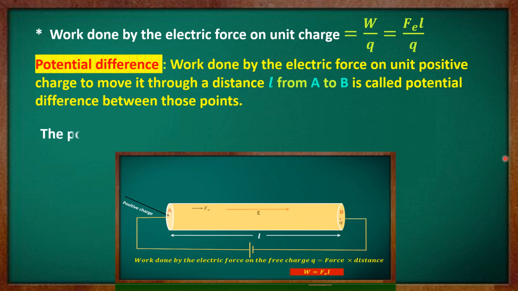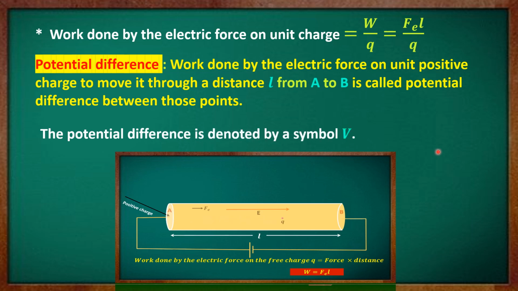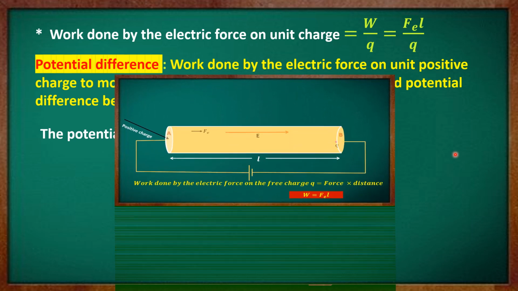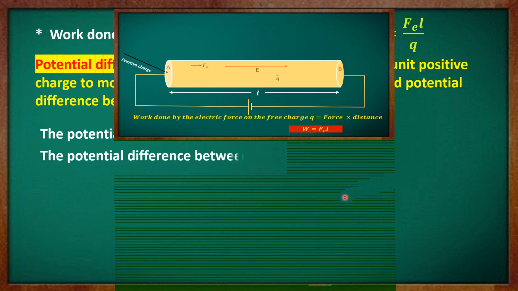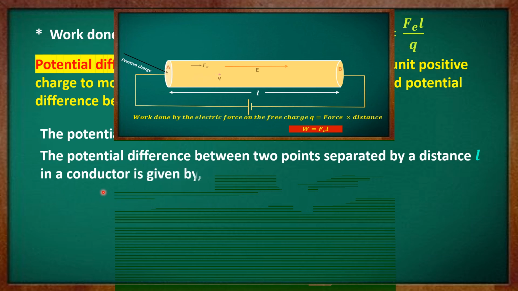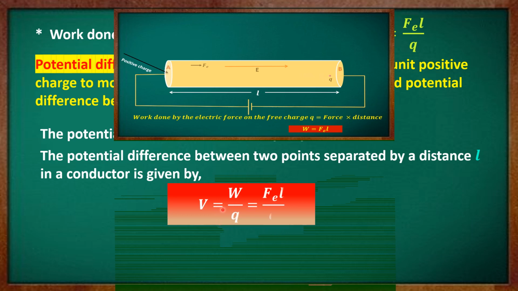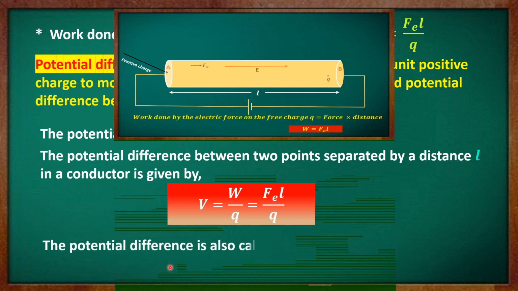Okay, so the potential difference is denoted by the symbol V. The potential difference between 2 points separated by a distance L in a conductor is given by V equal to W by Q, which is F_E L by Q. And the potential difference is also called voltage, isn't it?